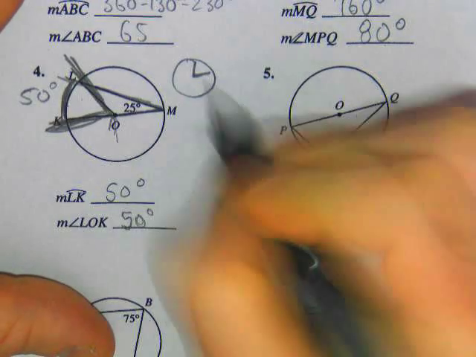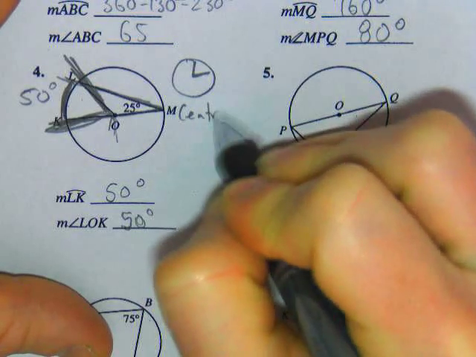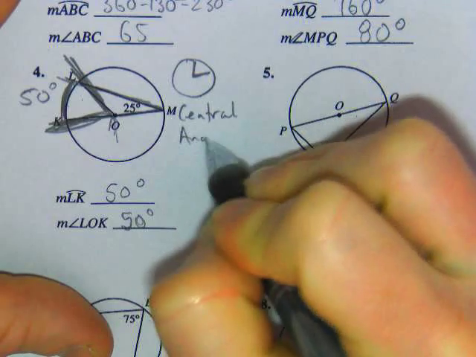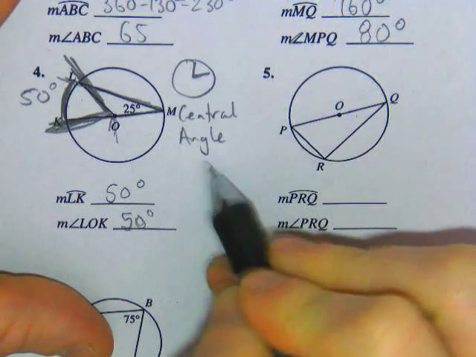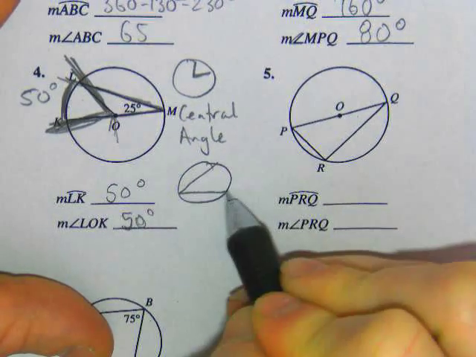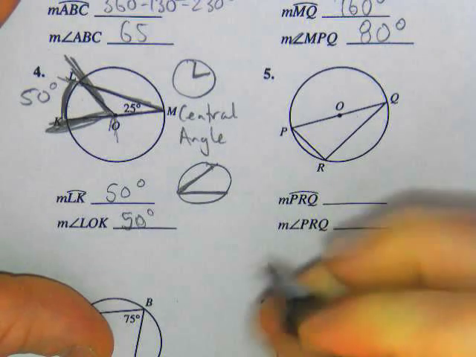It might help us to draw a little. That's a central angle, and this is an inscribed angle.